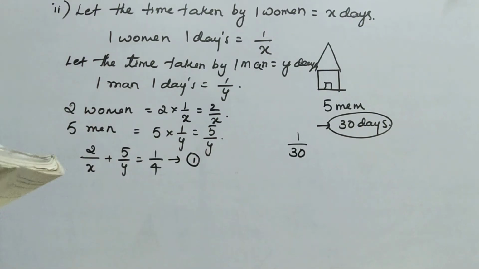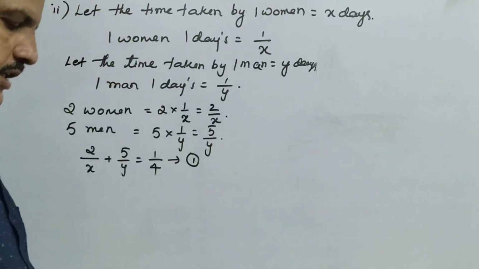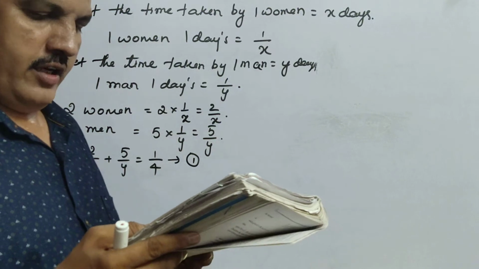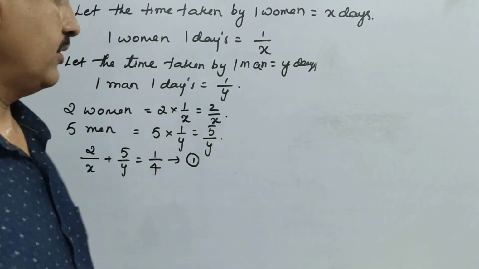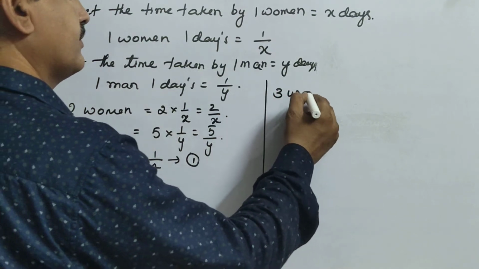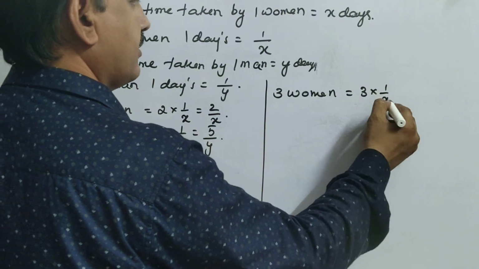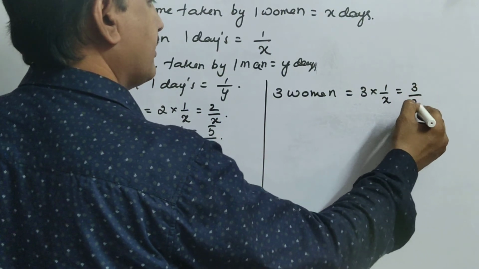Now coming to the second condition. Here, 3 women equals 3 into 1 by x, that is 3 by x.